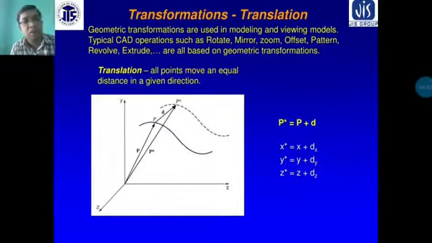You can see this with different surfaces or curvatures. In the given figure, p is a point, and the movement from p to p star is shown by an arrow, with distance d.